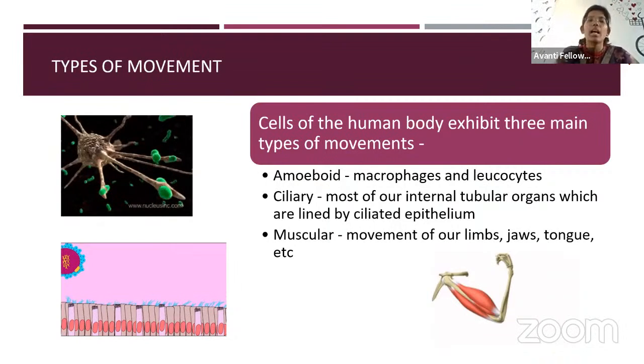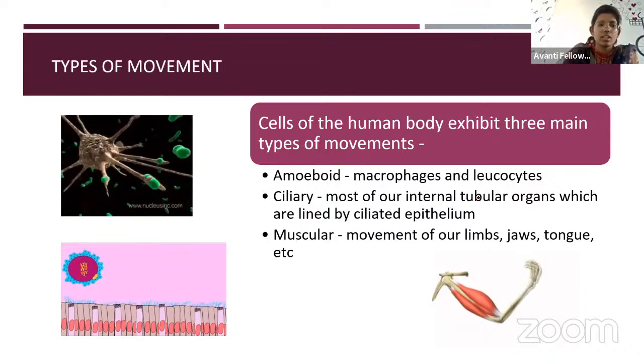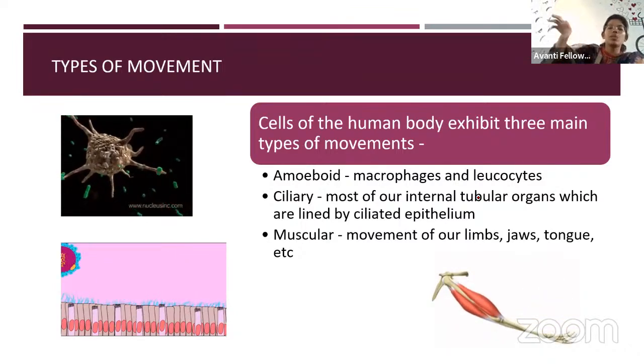Amoeboid movement, as I asked the question in the beginning itself, macrophages and the leukocytes, which will be helpful for our immune system, or which will be fighting against the microorganisms. They will show the amoeboid movement. Amoeboid movement means what? Yes, here you can see they are going to extend.